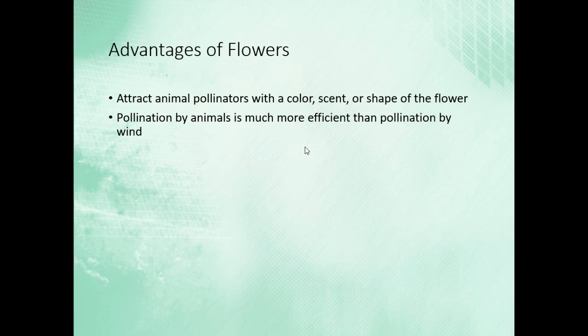Pollination by animals is much more efficient than pollination by wind as well. So it's nice for those angiosperms, whereas the gymnosperms are just kind of stuck at the mercy of the wind and the rain and all of that.